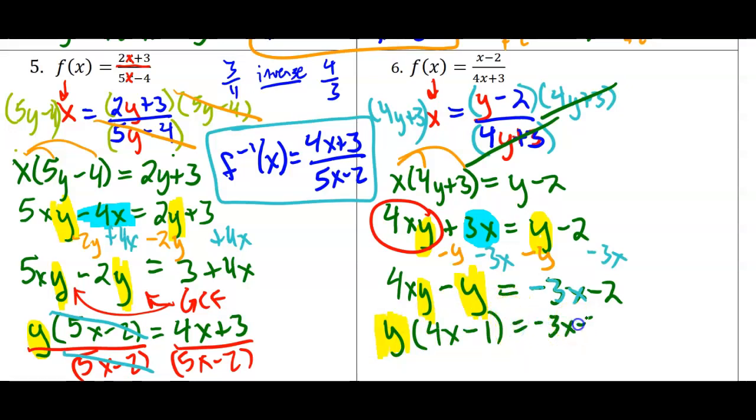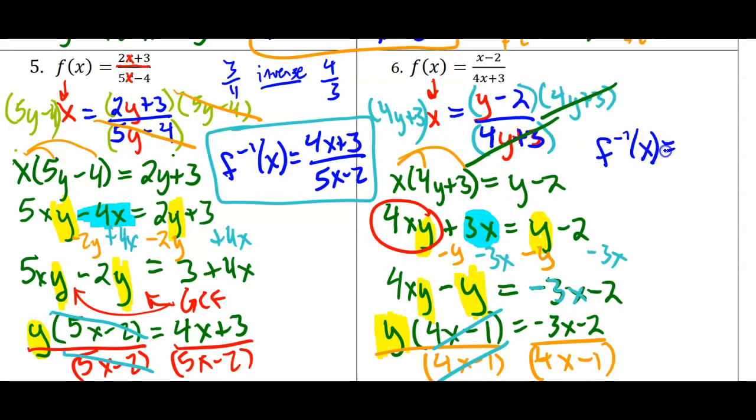Negative 3x minus 2. Last step, divide out the 4x minus 1 on both sides. On the left, that reduces to 1, okay? And then my final answer, 3x minus 2 over 4x minus 1.